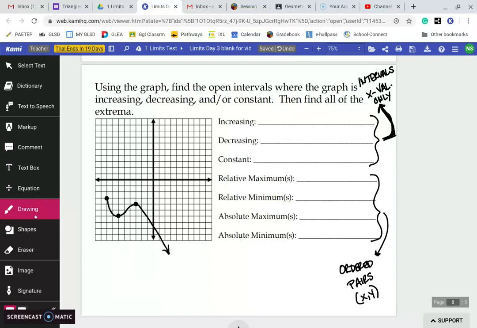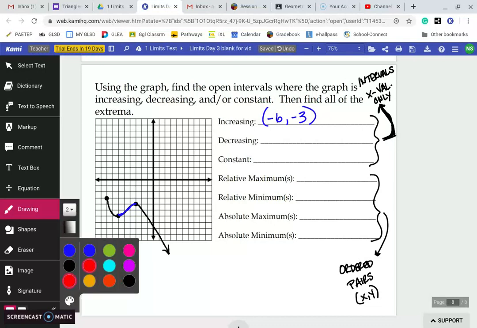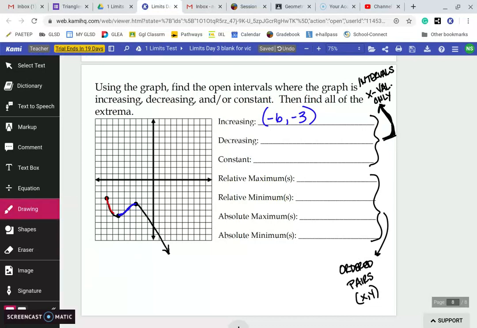So let's see, it's increasing just in this little piece here. That's the only piece where it's going uphill. So that's going to be from -6 to -3. And then it's decreasing here and here.